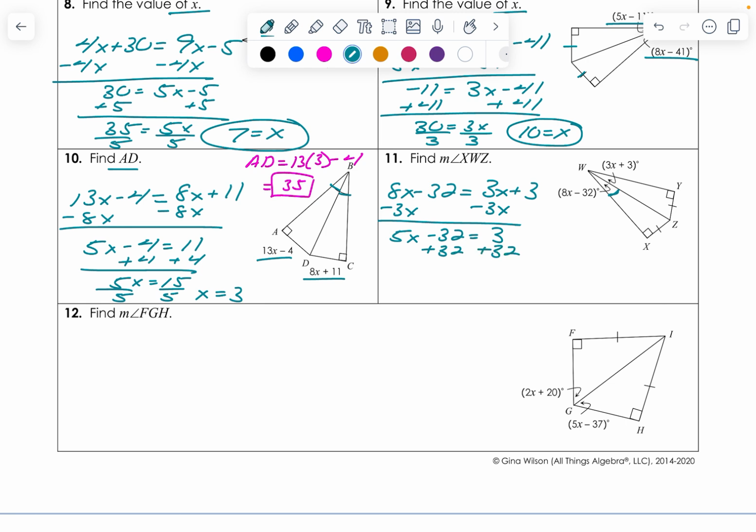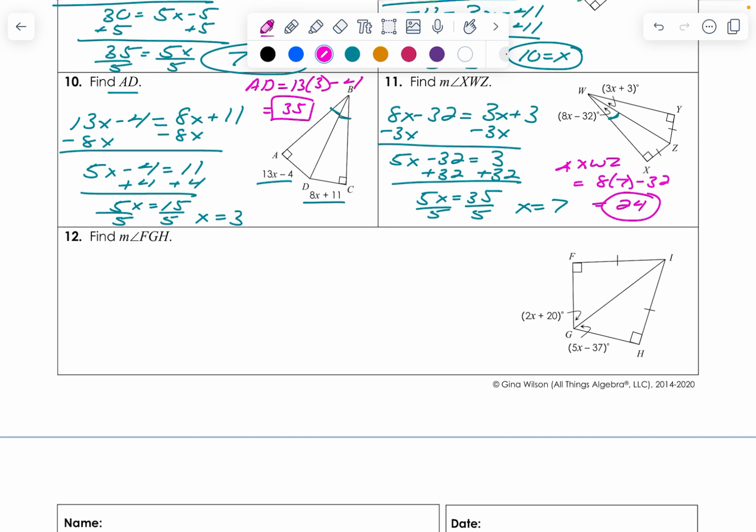Plus 32. 5x equals 35. X equals 7. But we want that little angle. So we're going to plug back in. Angle XWZ is equal to 8 times 7 minus 32. I'm going to use my calculator. 8 times 7, 56 minus 32. Looks like 24 is the answer.